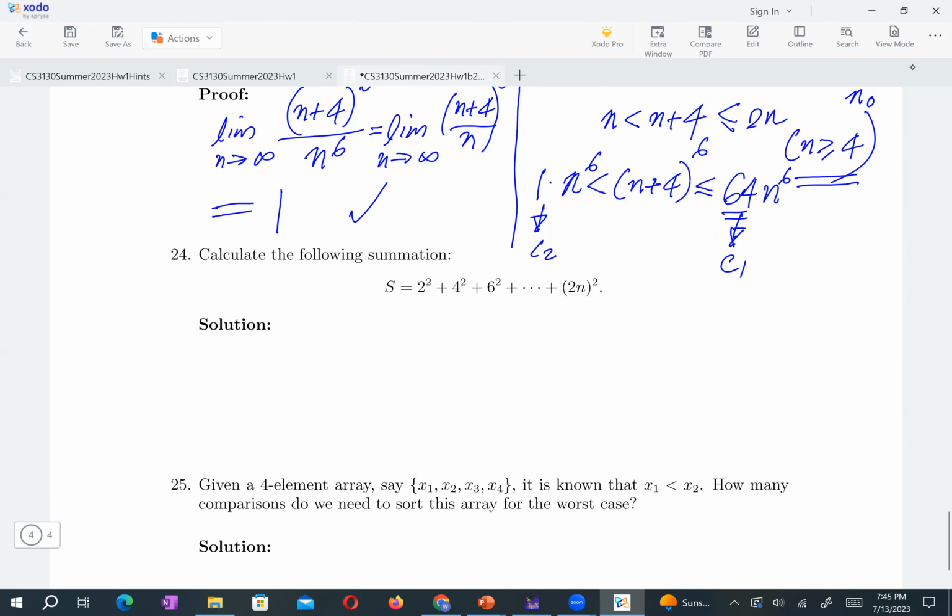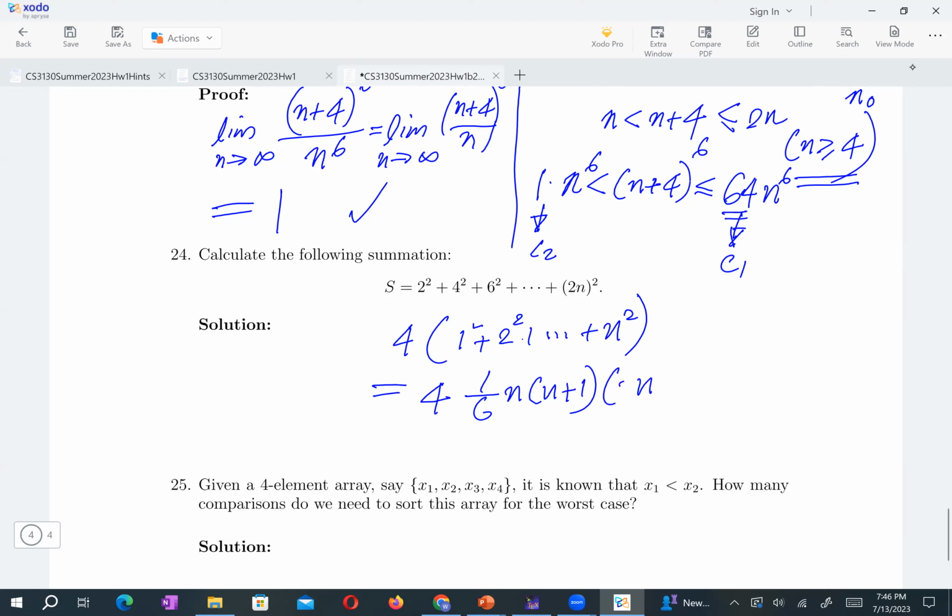For this one, we factor out 2 squared, that's 4, from 1 squared plus 2 squared plus up to n squared. And we have the formula: 1/6 times n plus 1 times 2n plus 1.